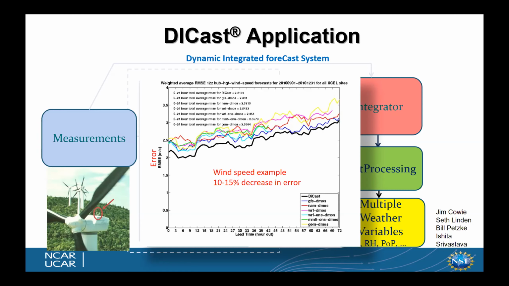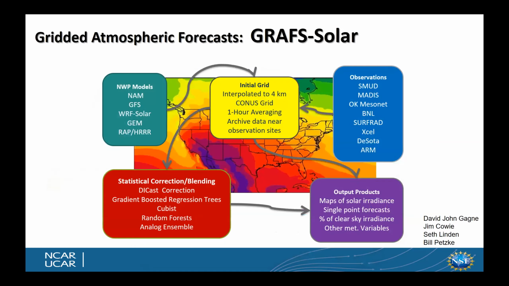And in fact, for wind speed, we often find on the order of a 10 to 15% decrease in error. And if you're a wind farm manager or a grid operator trying to blend wind energy into the grid, that's a significant improvement in forecast error.